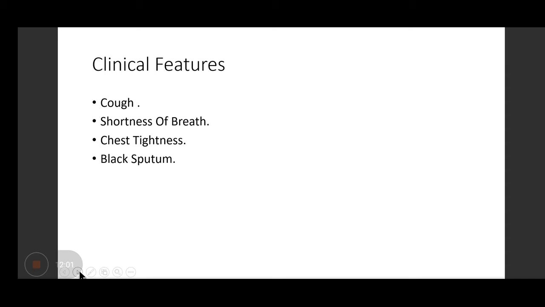So clinical features in case of coal workers pneumoconiosis, as was already told in the history, there will be cough, shortness of breath, chest tightness, and you can also get black expectoration.